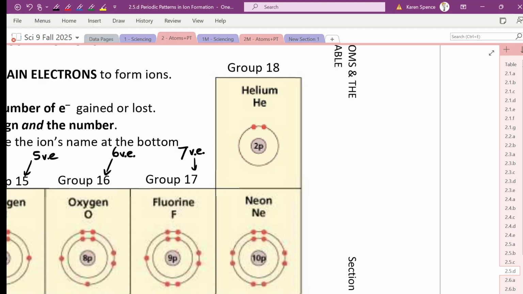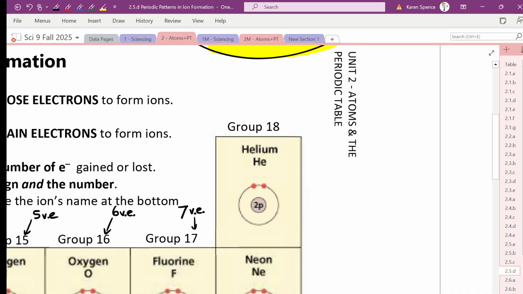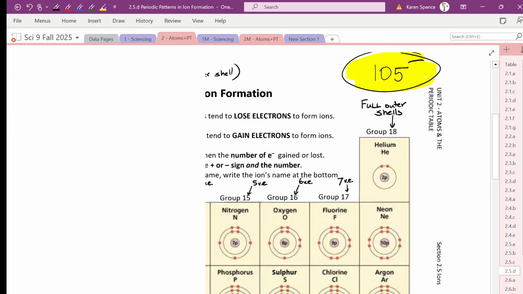What we can say about them is that they all have full outer shells. How many electrons does it take to fill the first shell? 2.